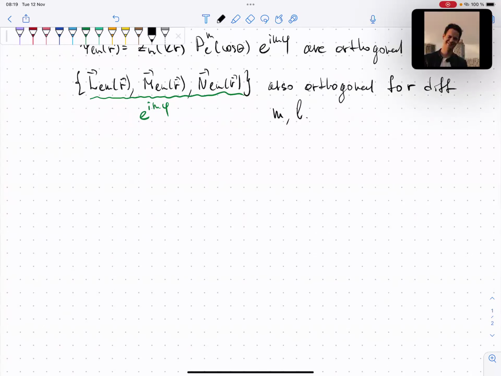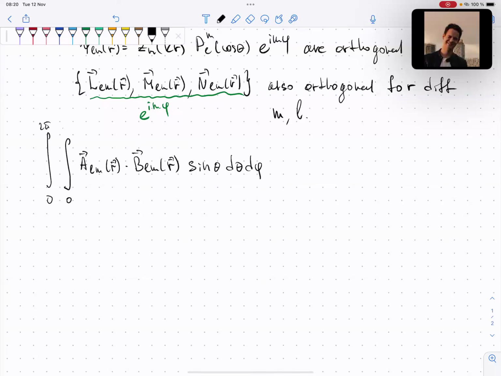Basically, this means that the integral of any two arbitrary functions lm of r and l prime m prime of r, multiplied by sine theta d theta d phi, from 0 to 2 pi and from 0 to pi, will be proportional to delta l l prime delta m m prime.